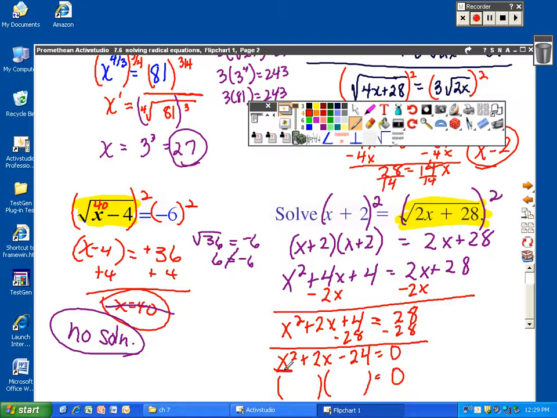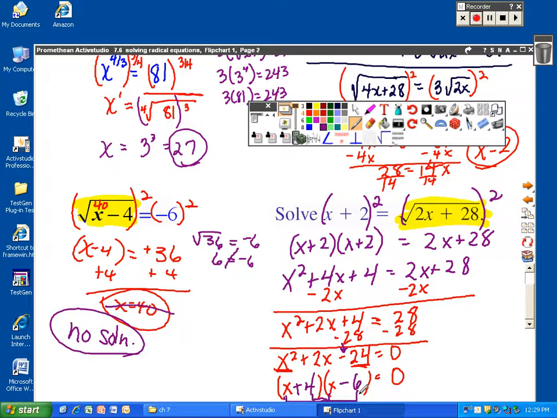X squared, I'll factor into x and x. And then you want to say the factors of 24 that differ by 2 would be 4 and 6. Positive, negative, because inside here I have positive 4x, outside here I have negative 6x.